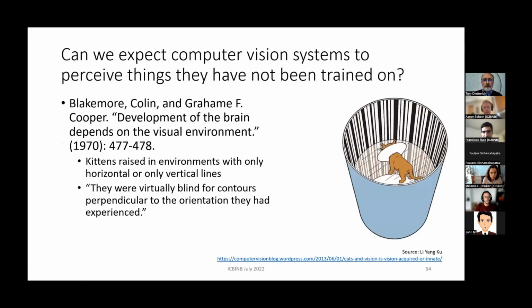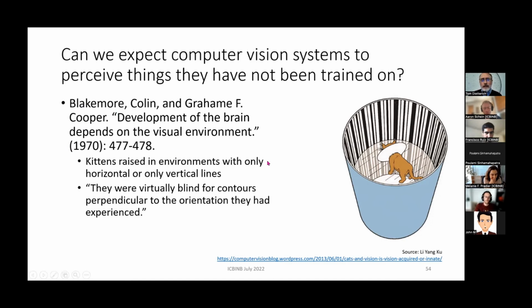Yeah, so the fundamental question for me is, is it reasonable to expect computer vision systems to perceive things that they have not been trained on? I was reminded of an experiment that we sometimes teach when we teach computer vision, done in the late 1960s by Blakemore and Cooper.